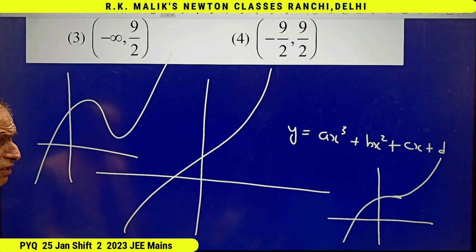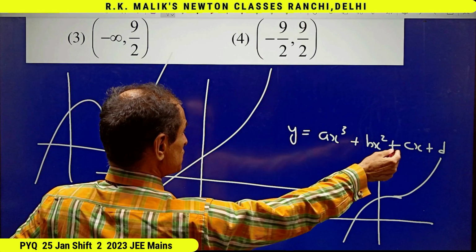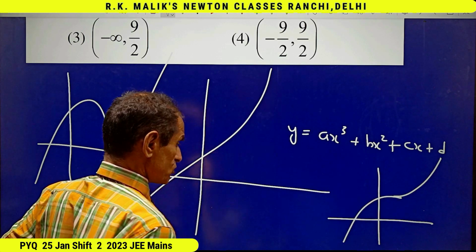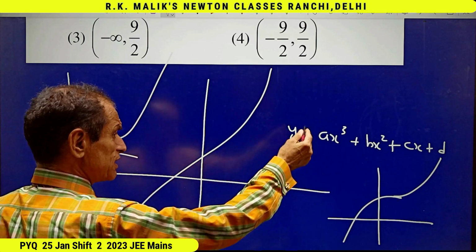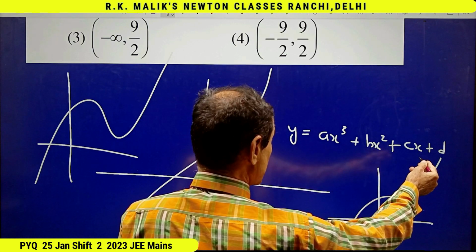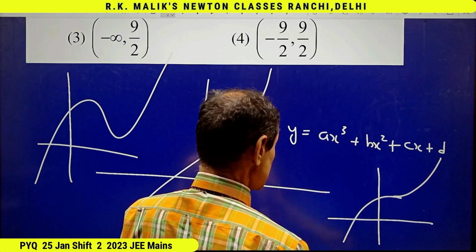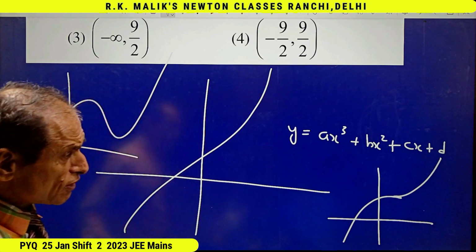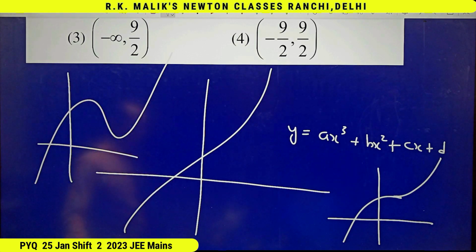This will be the graph if the derivative of this equation has no real root. Note that the derivative will be a second degree equation. And this will be the graph if both the roots are equal. For the complete theory of this concept and more concepts related to it, please see my video lecture of maxima minima made for JEE level.